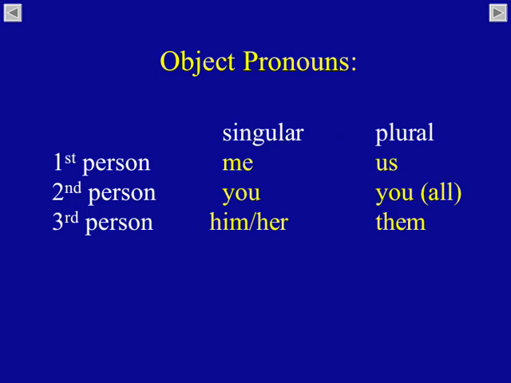Right? Someone kicked you. Someone saw you. In the third person, instead of he and she, we have him or her, and instead of they, we have them. In Hebrew as in English, the object pronouns will be different from the subject pronouns, and we'll need to learn both sets.